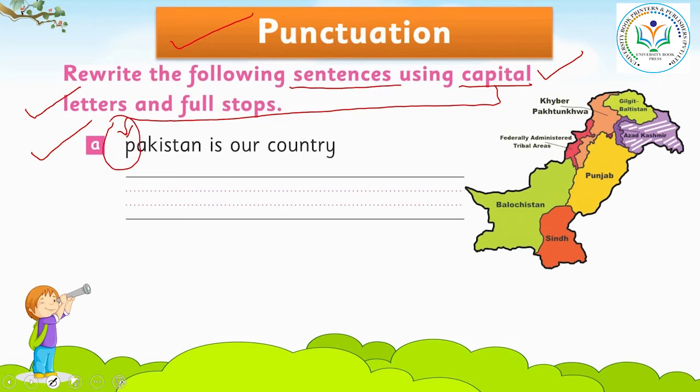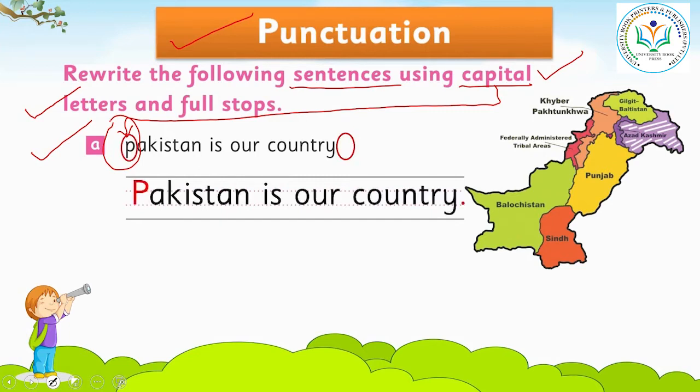So any sentence, when it is starting from any word, its first alphabet will be capital. So what would be its corrected form? This is its corrected form.